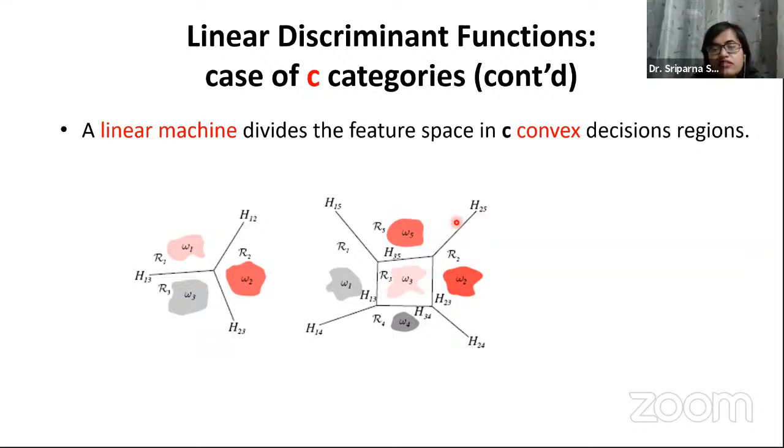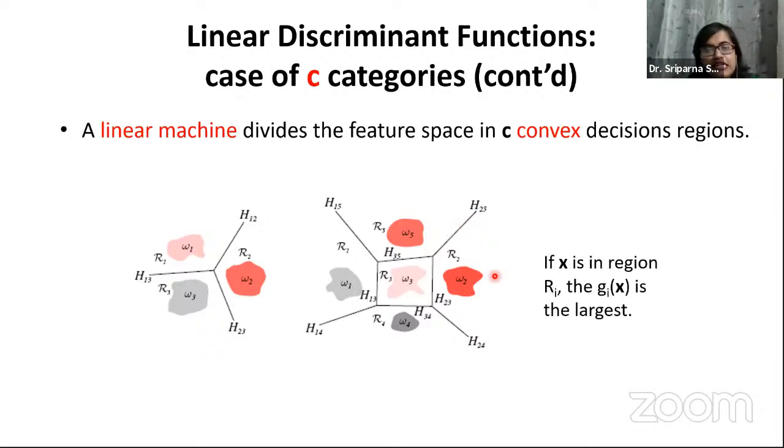Data points can belong to any region, and there will be no ambiguity in deciding their class. Now, if x is in region Ri, then Gi(x) is the largest one. So x belongs to region Ri.